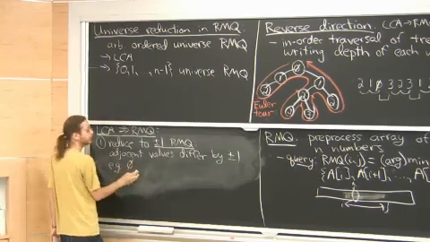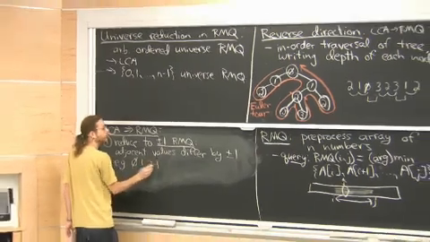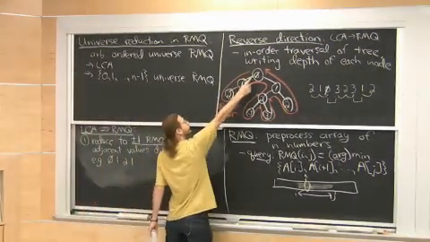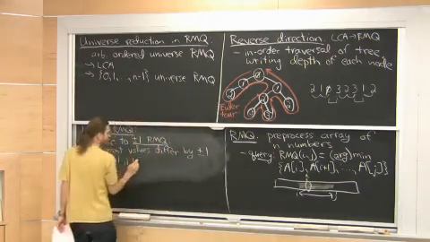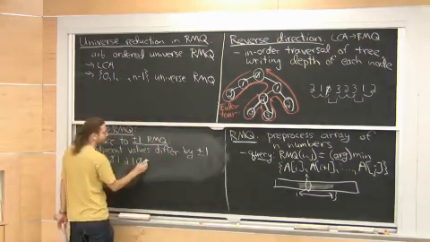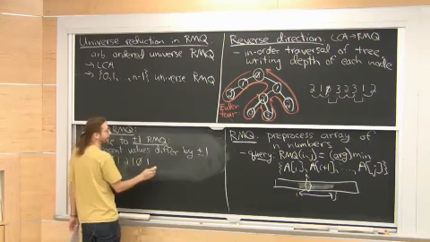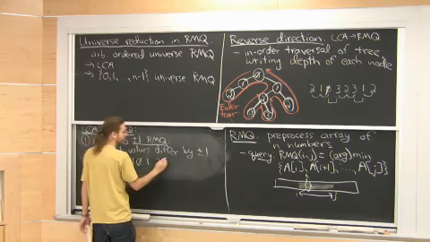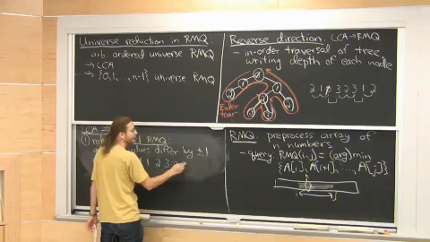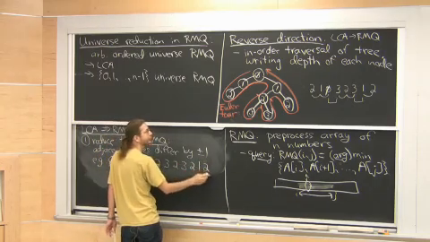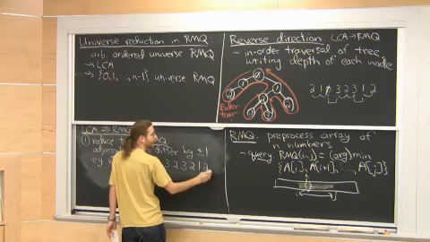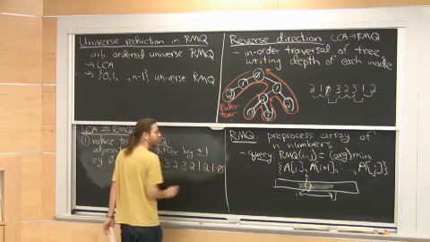0, 1, 2, 1. I go 0, 1, 2, back to 1, back to 0, then over to the 1 on the right, then to the 2, then to the 3, then back up to the 2, then down to the other 3, then back up to the 2, back up to the 1, back down to the last node on the right, then back up and back up.